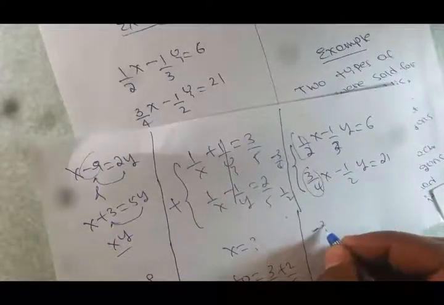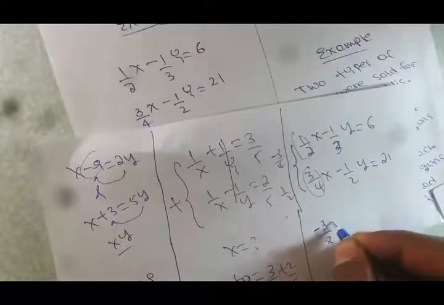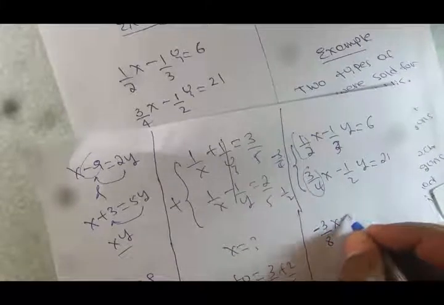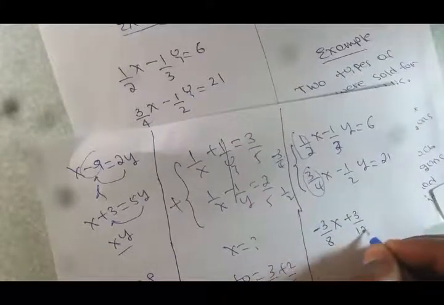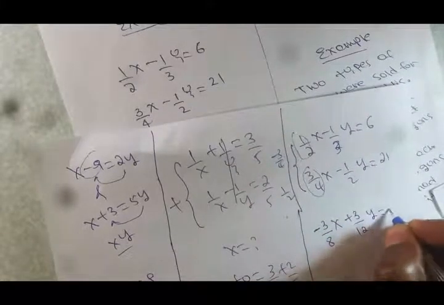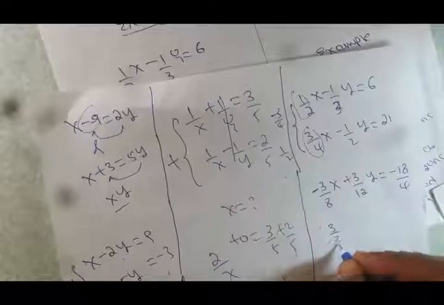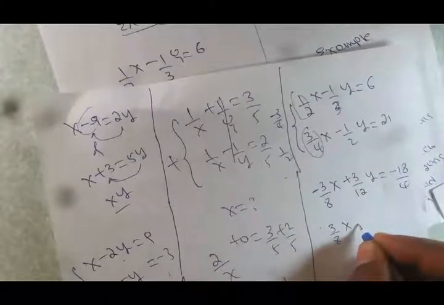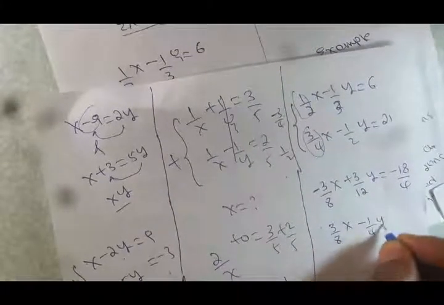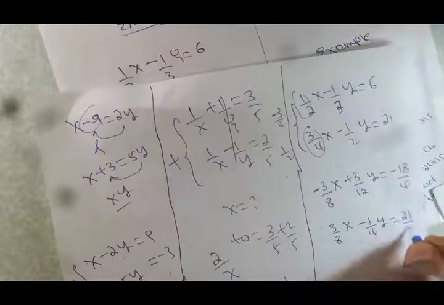Therefore, minus 3 over 8x plus 3 over 12y is equal to minus 18 over 4. And when we divide this, 3 over 8x minus 1 over 4y is equal to 21 over 2.